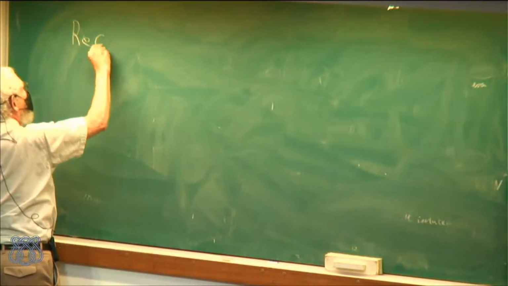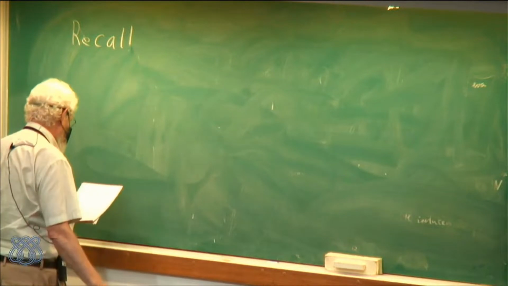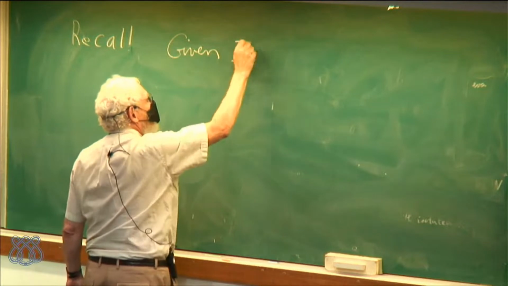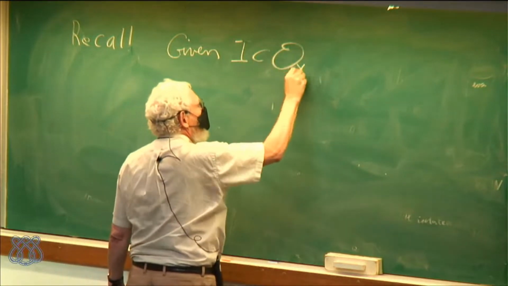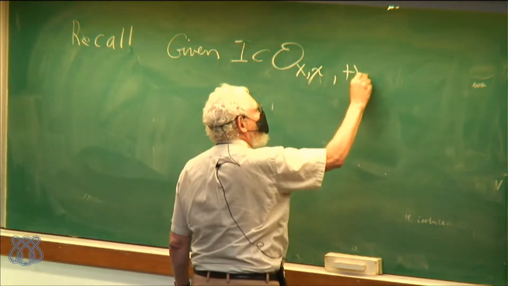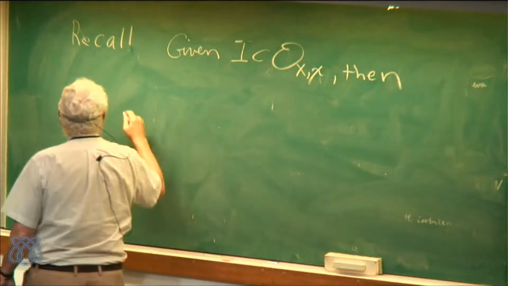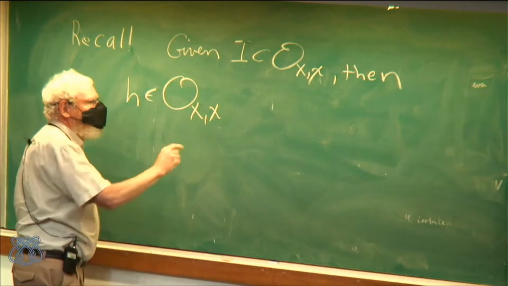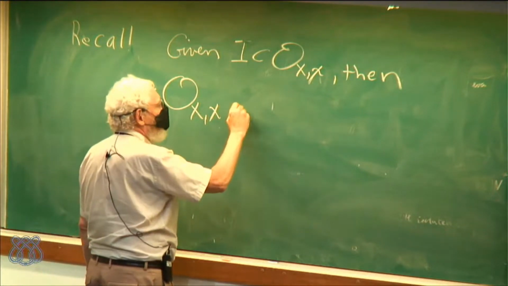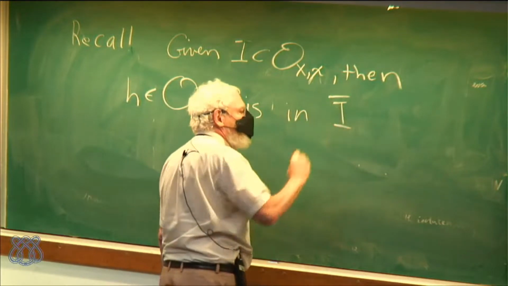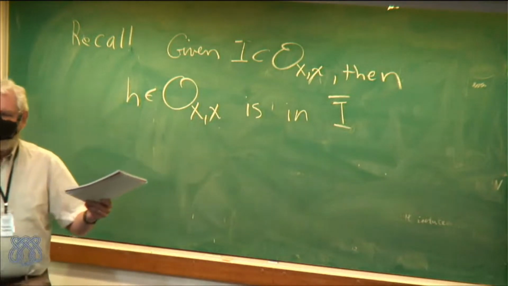Okay. If we have an ideal in a local ring, then one of the conditions we had for h to be in the integral closure of I involved curves.